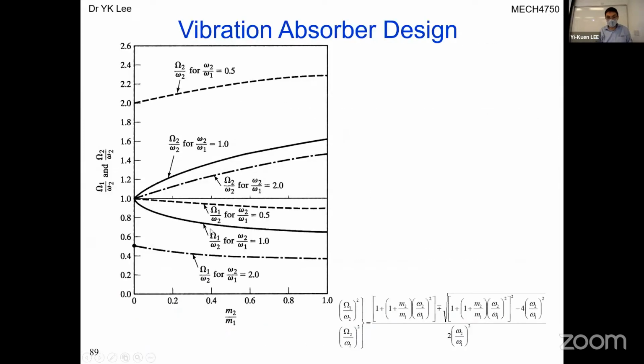Okay. This is another normal graph for the vibration of solar design. Sometimes, based on the solution, you have two different systems, and we can solve the natural frequency as a function of the mass ratio.